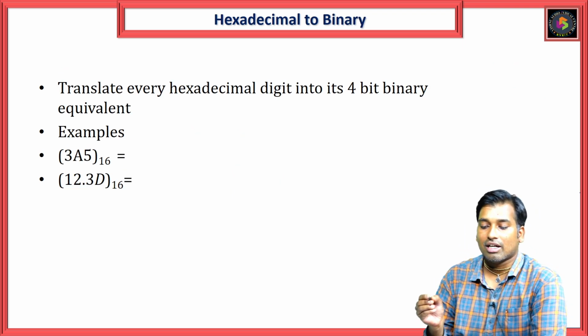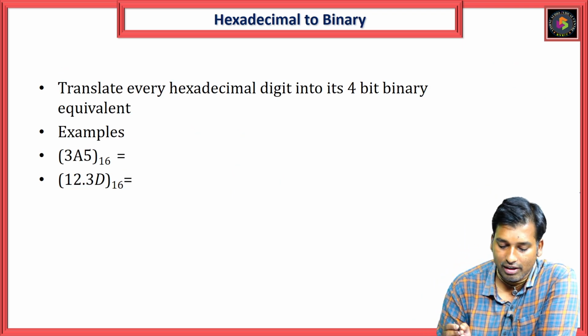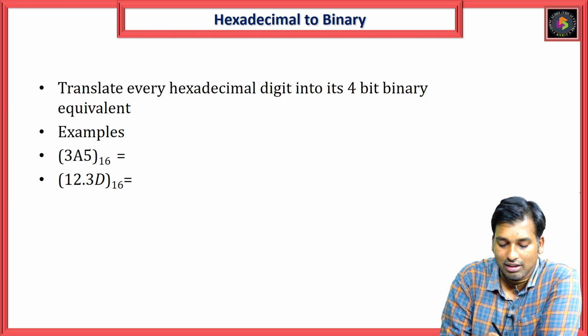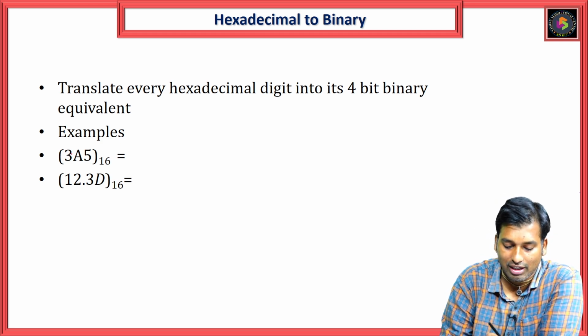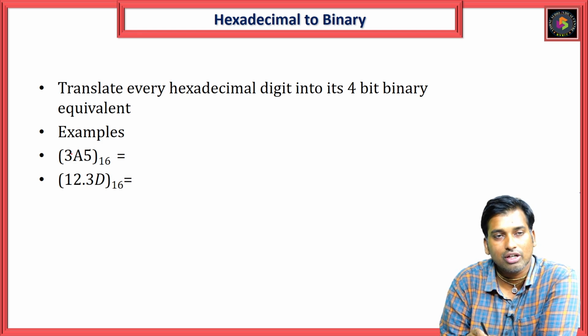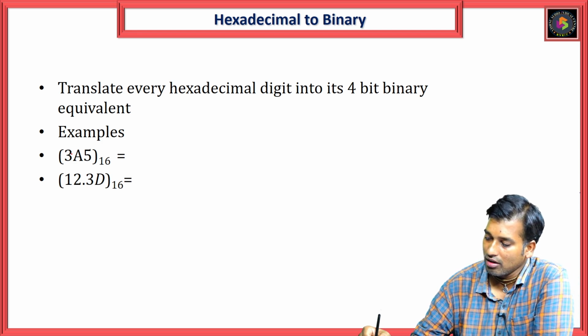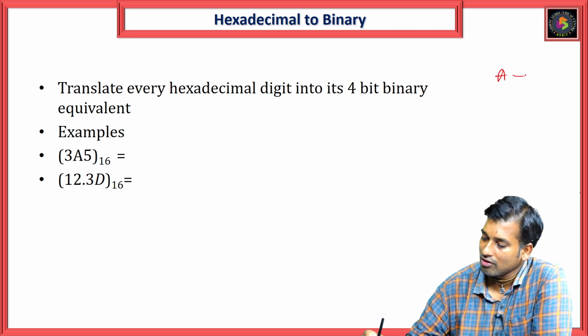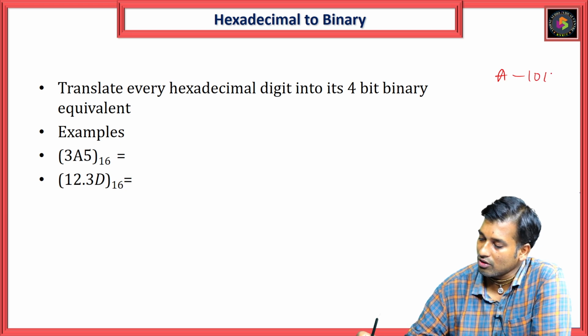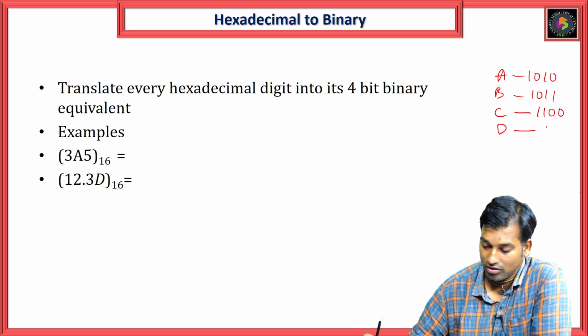So similarly, we can convert hexadecimal to the binary. Wherein each digit of the hexadecimal can be converted into the 4-bit binary. For example, A is 1010, B is 1011, C is 1100, D is 1101.